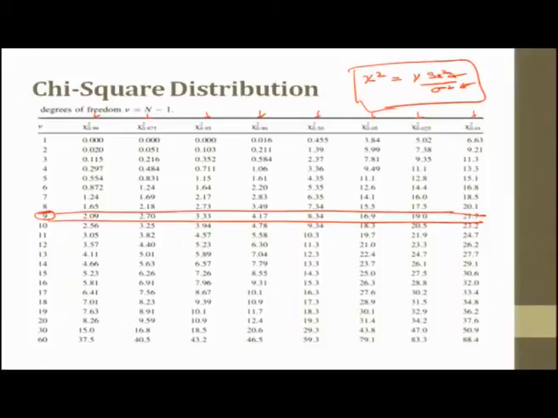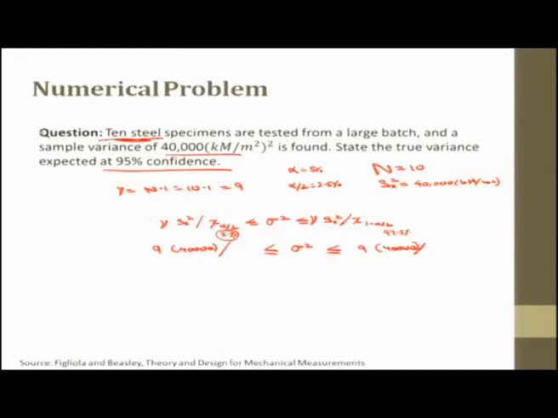For 0.025 the value is 19, and for 97.5% the value is 2.7. So, these two values are there. This value is 19 for 0.025, which is 2.5%, and for 97.5% the value is 2.7. So, let me put these values here.